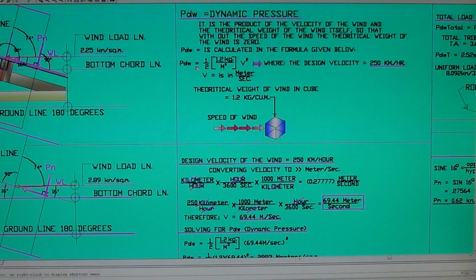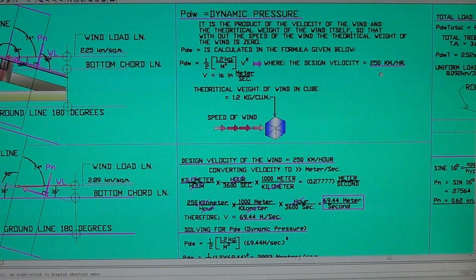It's PdW equal to 1/2 times 1.2 kilograms per cubic meter multiplied by the velocity squared. The velocity here is in units of meters per second, and the velocity that I choose to design the purlin and the whole roof structure is 250 kilometers an hour.